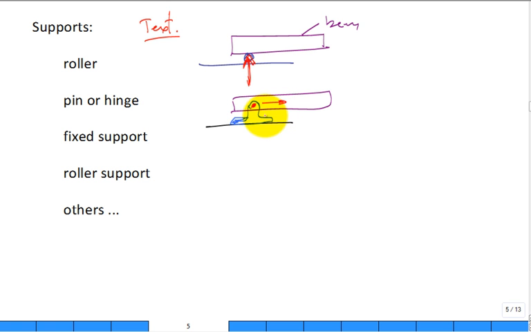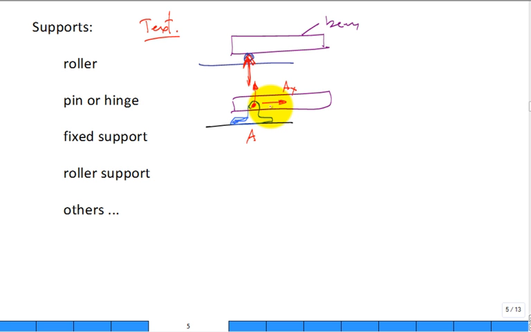If it wanted to move to the right, the pin would say, no, I'm going to hold you right here. I'm going to actually have a reaction force, the constraint to hold you right there. Likewise, if the beam wanted to lift up away, it could have a force or reaction to hold it right there. Here I have them both in the positive direction. Maybe if we called this point A, I would call this the unknown force on my beam in the x direction, Ax.